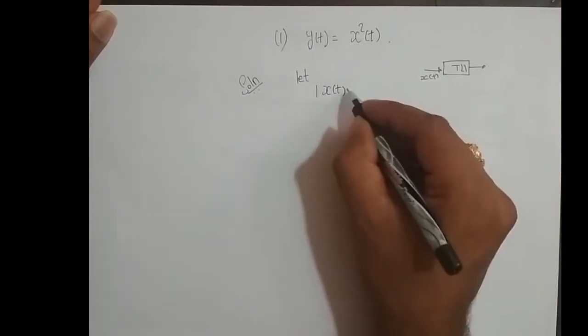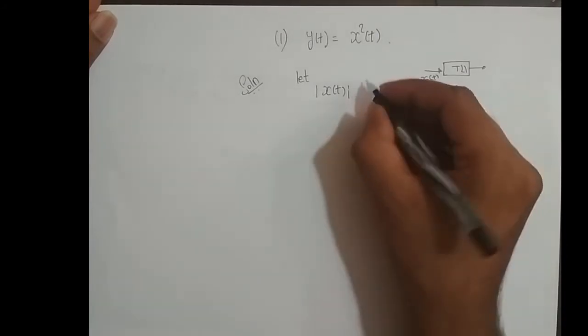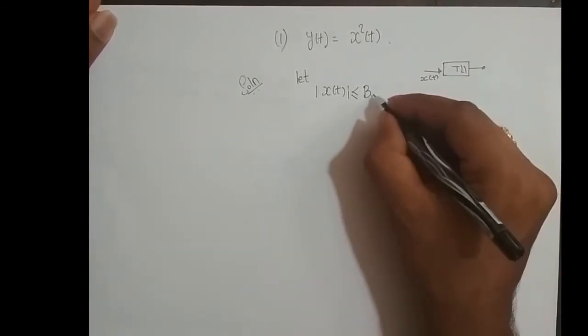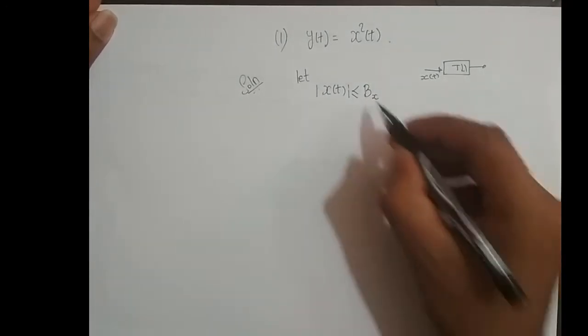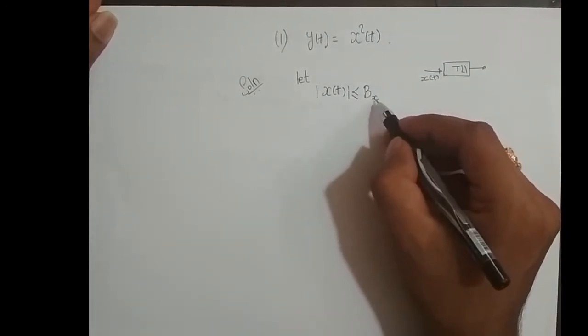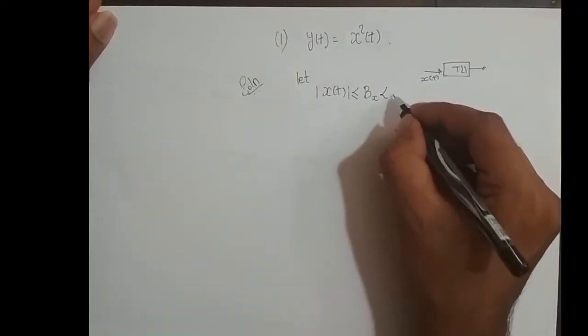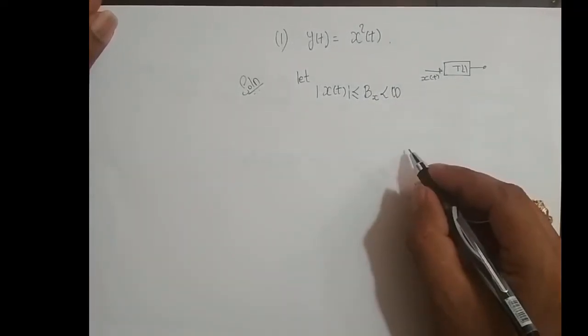So let magnitude of x of t be less than or equal to some finite value bx. It's a bounded value for the input signal x of t, and this bx is less than infinity.